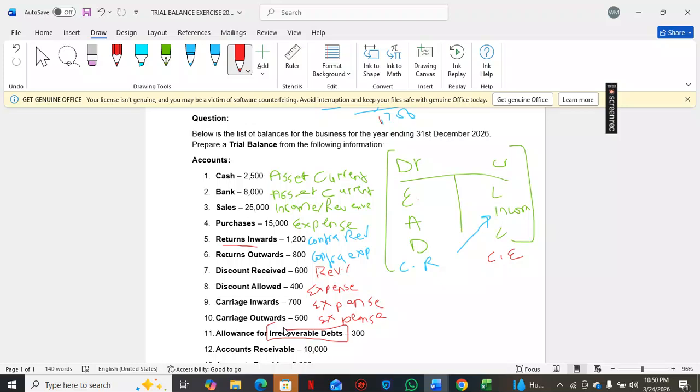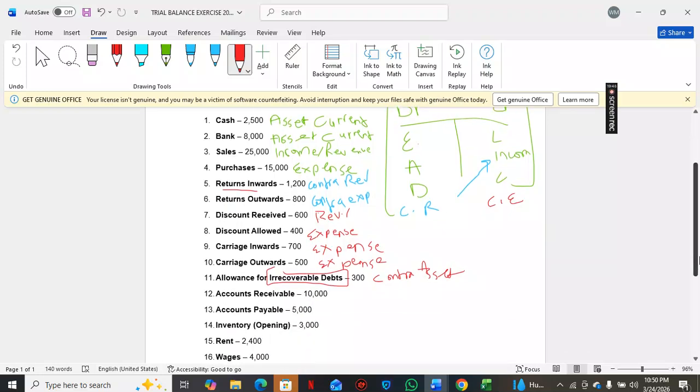That's why they make this provision. So it's a contra asset. So where is it going? It's going on the credit side. Yes, credit side. Assets increase with debit, so it's going on the credit side.